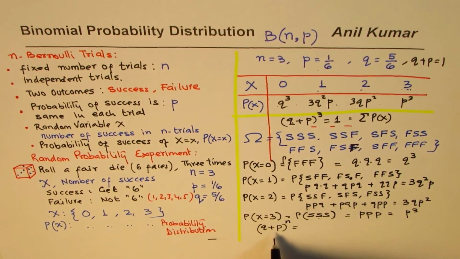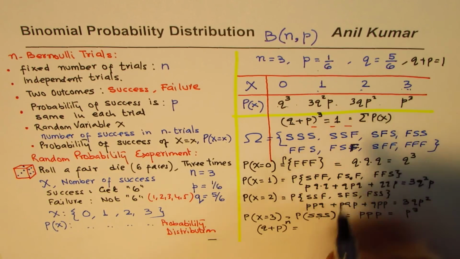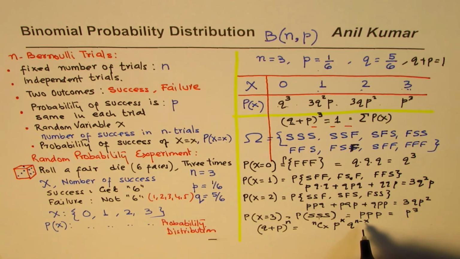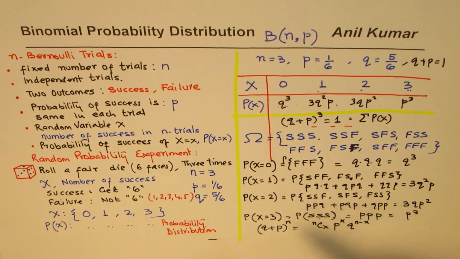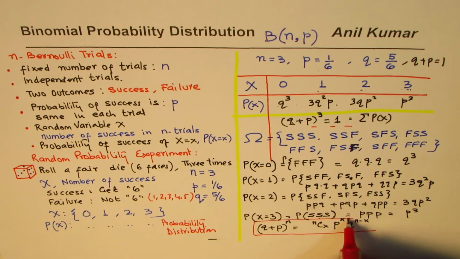Then in its expansion, if we are interested in, let us say, r number of successes, any particular term x will be nCx p to the power of x times q to the power of n minus x. Do you see that?